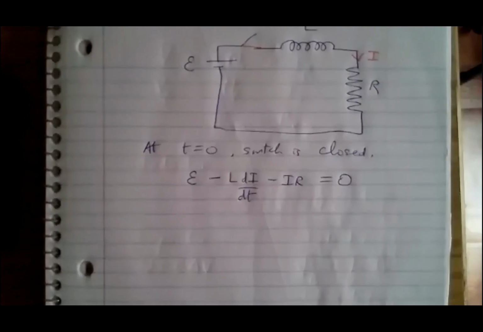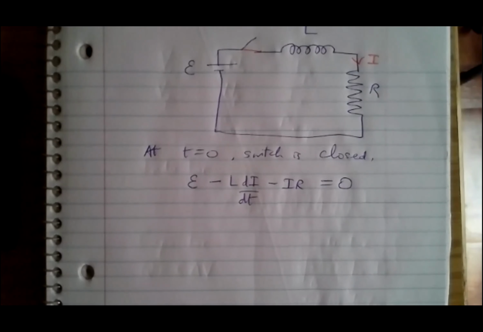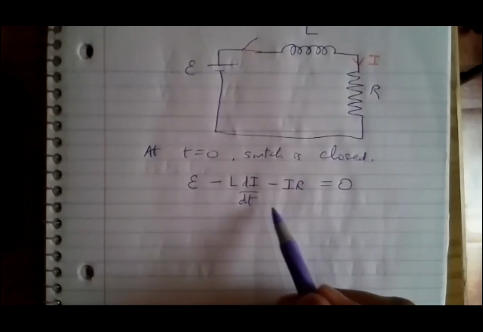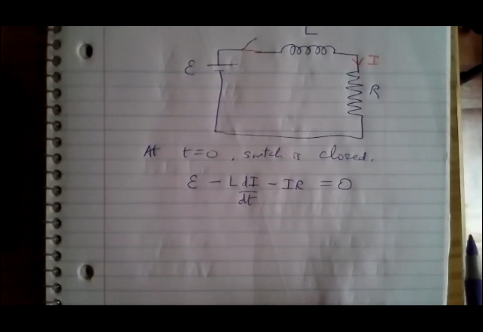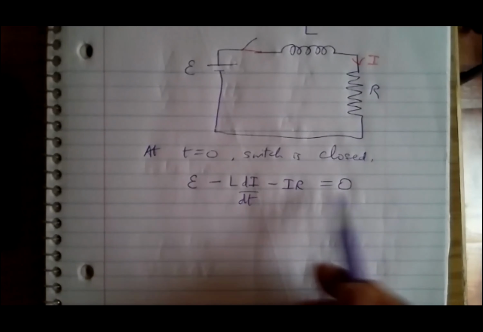All right, so we know that the current will change with time, and we want to figure out how it changes with time. So I'm going to solve for di over dt. Just moving things around, I have E minus IR over L is equal to di over dt.